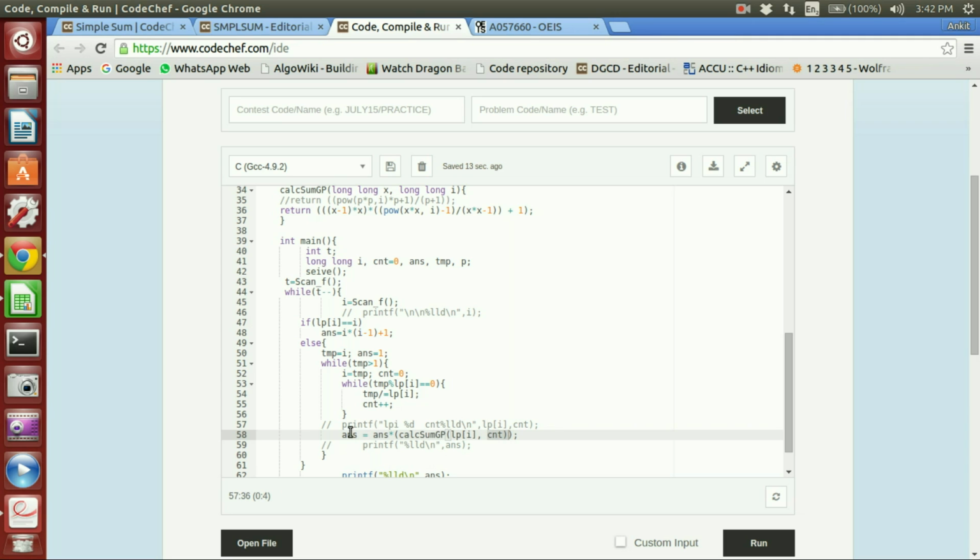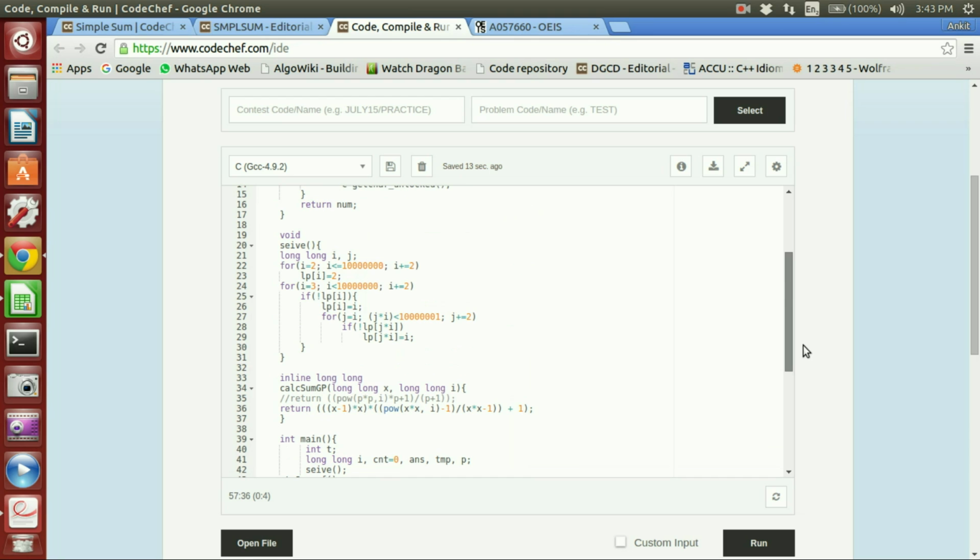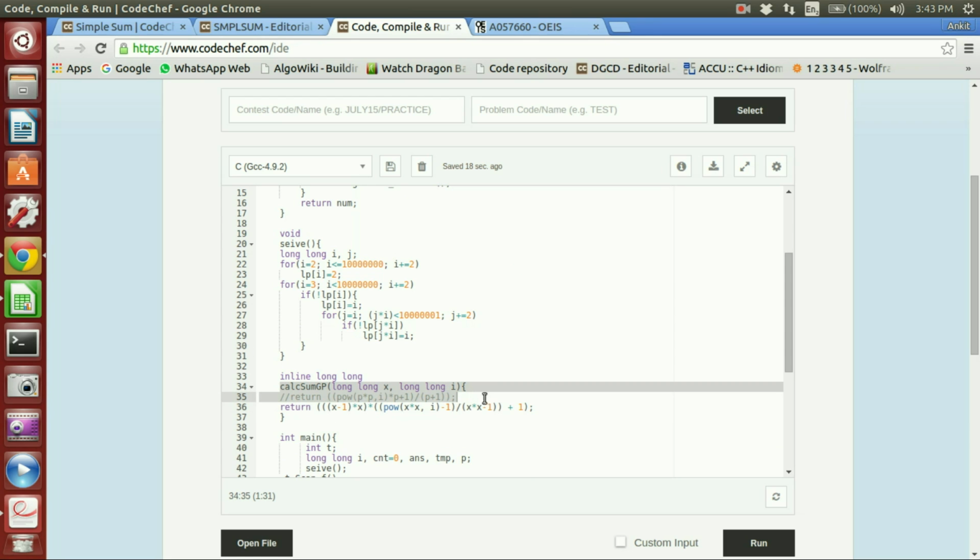Now for our case, for n equal to 10, this function would be called twice. Once it would send parameters as 2, 1, and the second time it would pass parameters 5, 1. So here we are using this formula in our function.